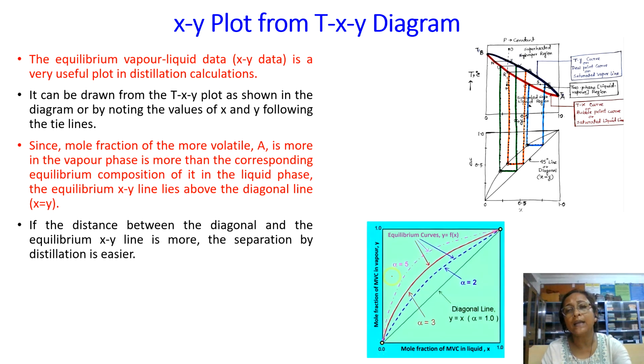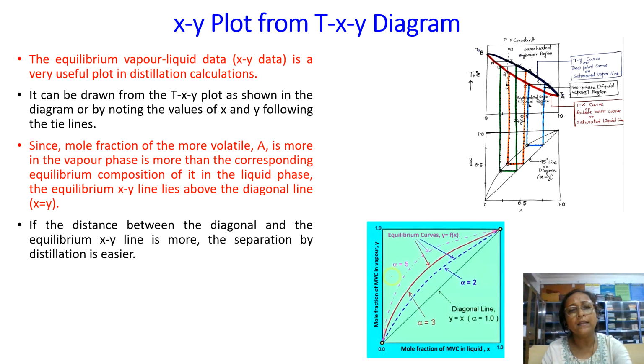Now from every tie line, if we draw the vertical lines like the blue line, orange line and the green line as shown, then go to the diagonal line and draw the horizontal lines, we get a few points which indicate the locus of the equilibrium XY diagram.